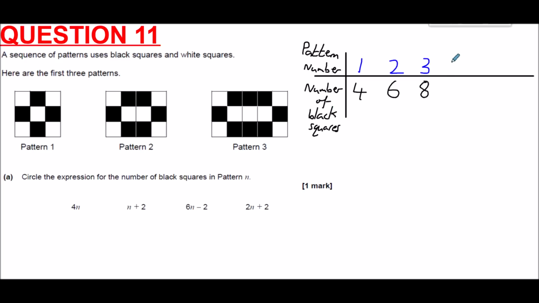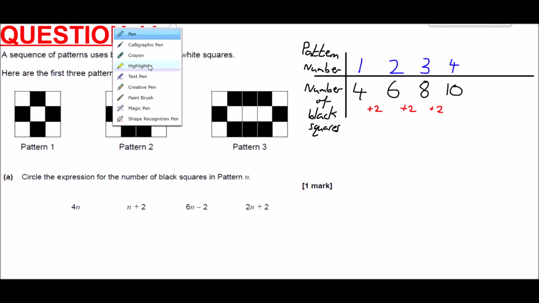So for example, the fourth one would have 10 black squares. So let's have a look at this sequence here. 4, 6, 8, 10. This sequence is increasing by 2 each time. So the sequence is going up in 2s. 6 plus 2 is 8. 8 plus 2 is 10.